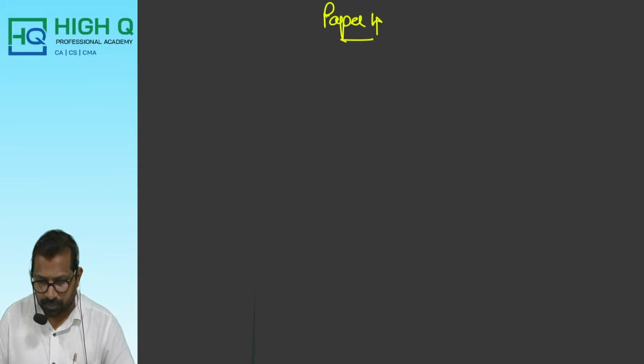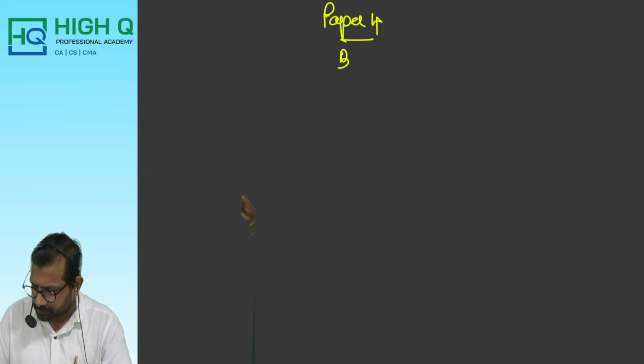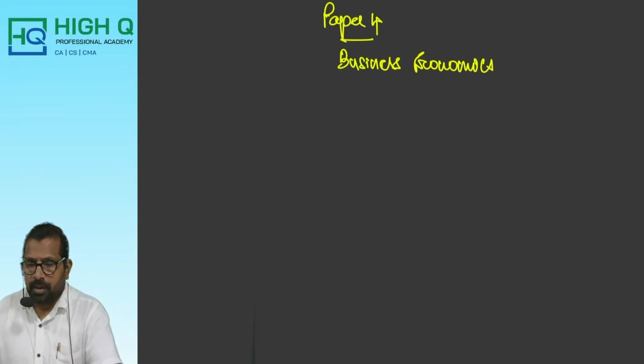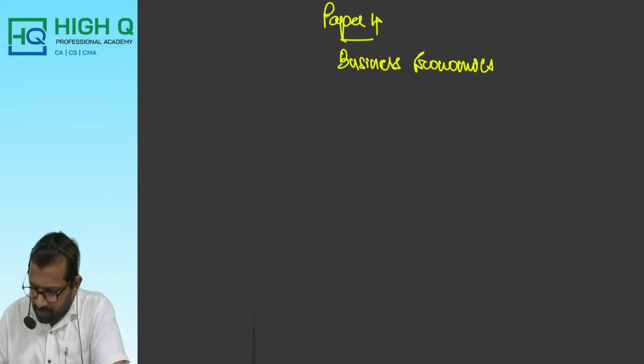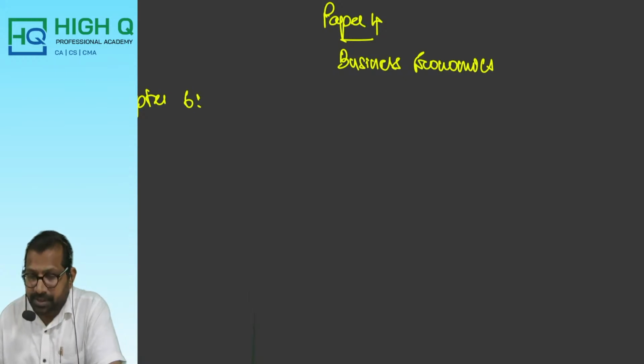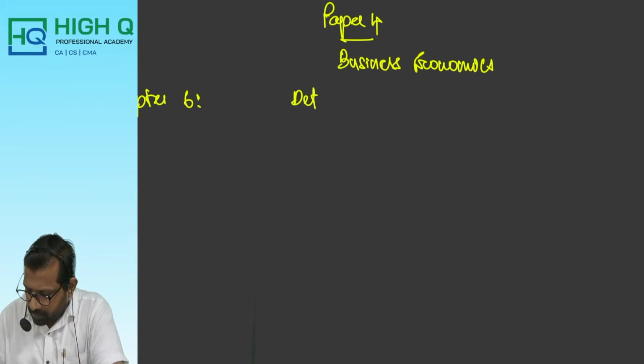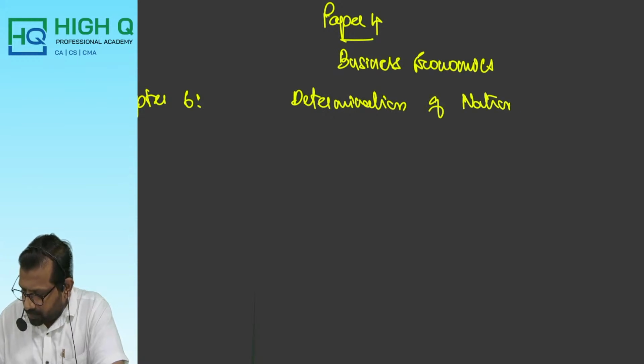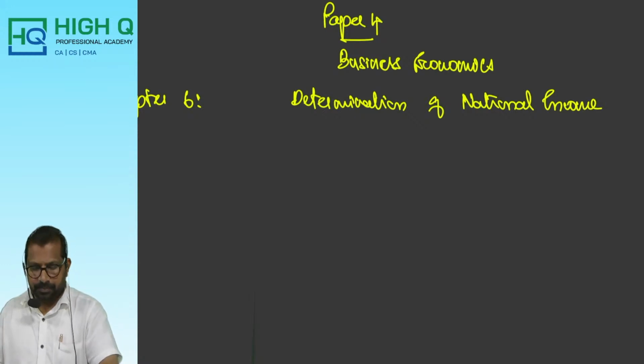So Paper 4, Business Economics. For today's session, Chapter 6, Determination of National Income.